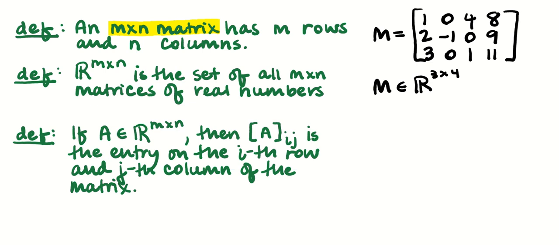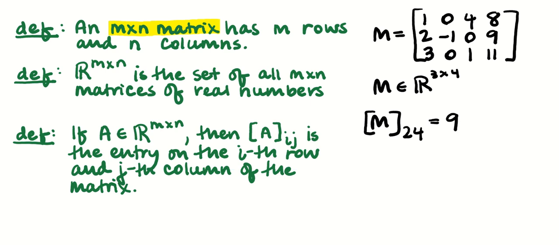So for example, M sub 2,4 is the entry on the second row and fourth column, which is right here. Okay. And that means that M sub 2,4 is going to be 9.